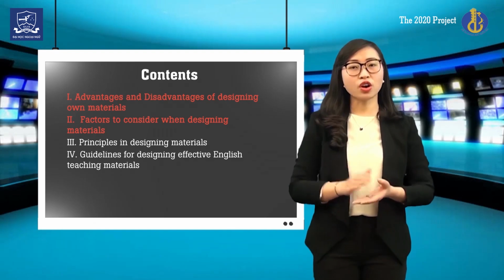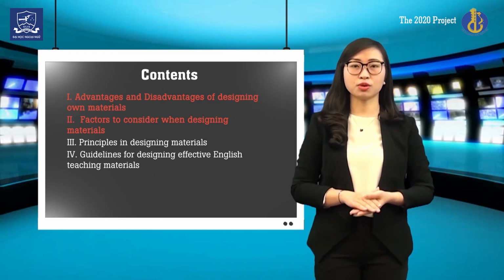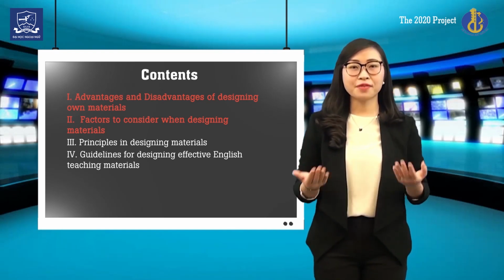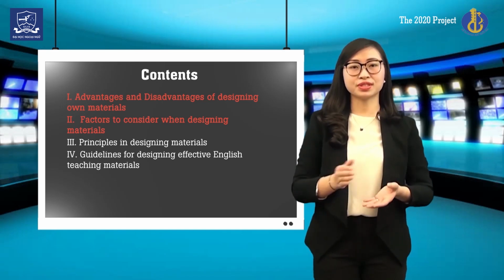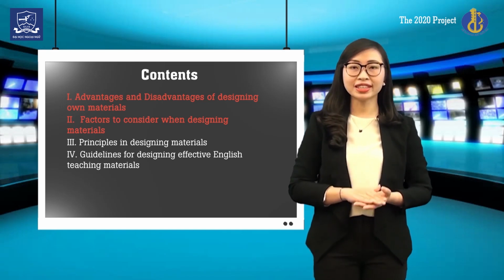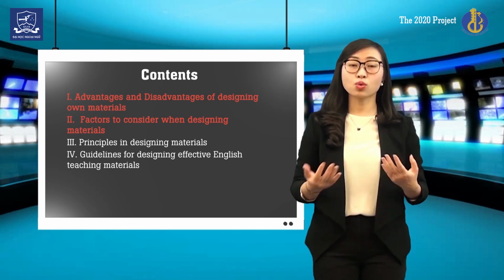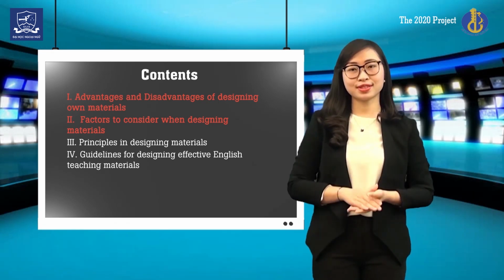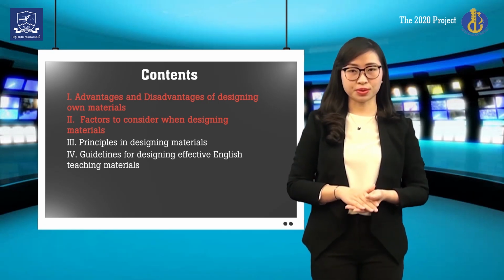Now, we start with the first mini-lecture of Module 5, the advantages and disadvantages of designing materials for English teaching, as well as the factors to consider when designing materials.